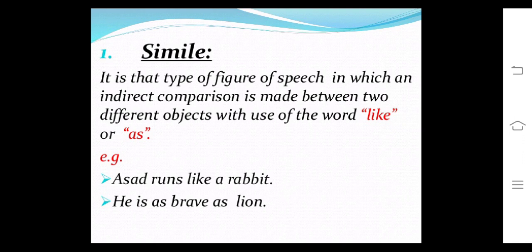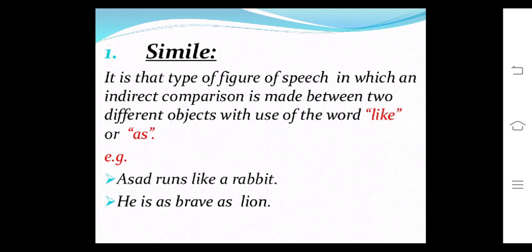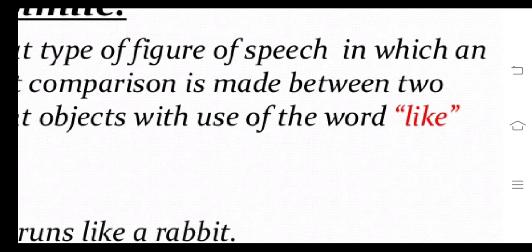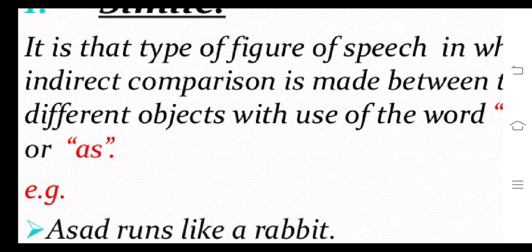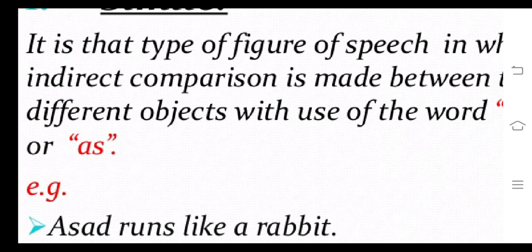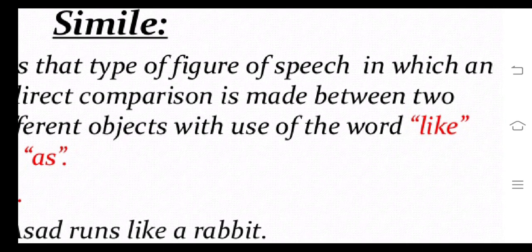The important thing to understand is that if like or as is in a sentence, it is a simile. For example: she looks like an angel. I have mentioned like over there, so it's called simile.